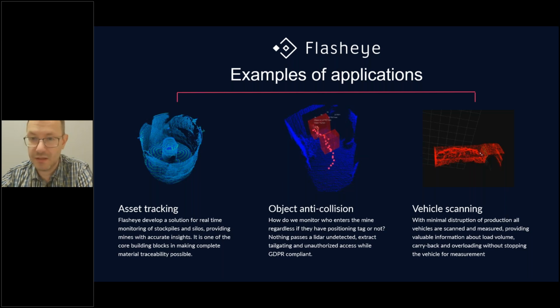By scanning an empty dump truck while it is coming into the place and scanning the filled dump truck which is leaving the place, we can extract the differences. We can calculate how much volume of the material is loaded on this particular dump truck, together with overload protection, where the material is sticking outside too much. We can send directly early warnings about those kinds of situations.